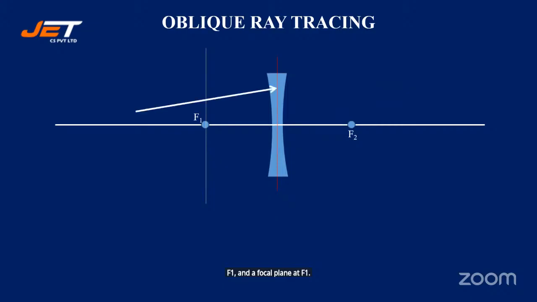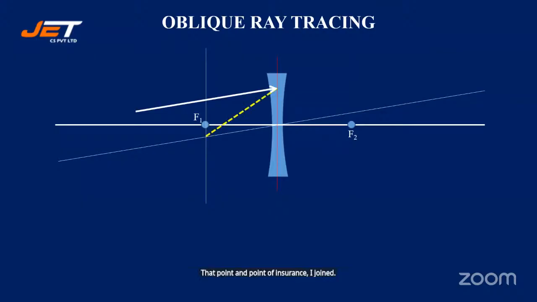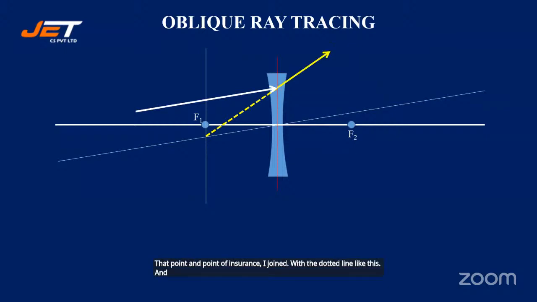I've got a random ray like this. I draw a line parallel to the random ray passing through the optic center of the lens. Once I do that, this line will go and intersect the focal plane at a certain point. That point and the point of incidence I join with a dotted line like this and extend it beyond the lens.